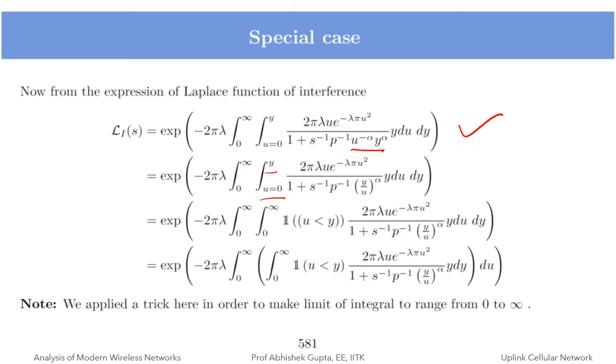I put it back to the limit 0 to infinity with an indicator that u is less than y. This is eventually the same thing. This indicator will make sure the integration only goes from 0 to y. But because of this, now the limits are both 0 to infinity. I will try to interchange the limits of u and y. So I put the dy inside and du outside, and the limits, because they are both the same, will remain the same, and the indicator u less than y and the same term.